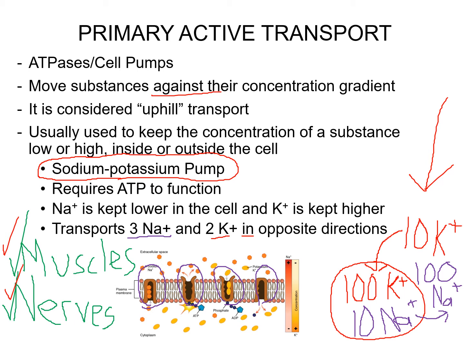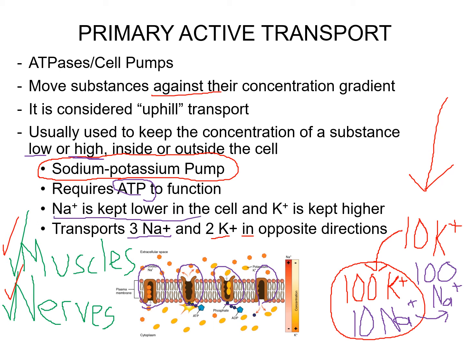Now, because we're going against the concentration gradient, we have to use energy. Once again, our energy molecule, ATP. So we're going from low to high, which is the complete opposite of what we've talked about with passive transport. And what we're doing is keeping the sodium in the cell very low. We're keeping that 10.